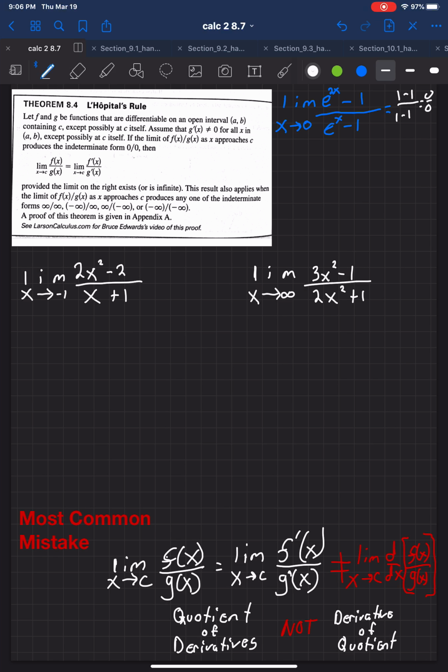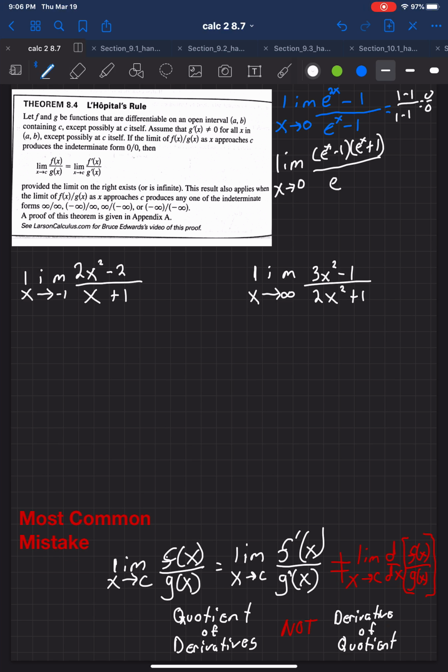Now, sometimes you can use algebraic techniques for non-algebraic functions. So for example, I actually can factor that numerator. e to the 2x minus 1, that's just the difference of two squares. So that's just e to the x minus 1 times e to the x plus 1.